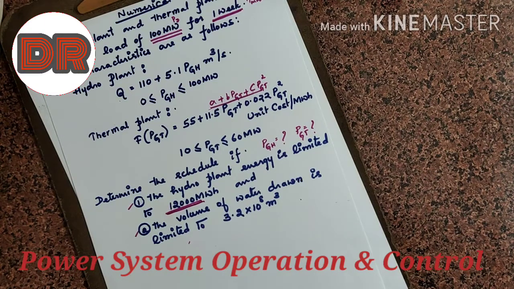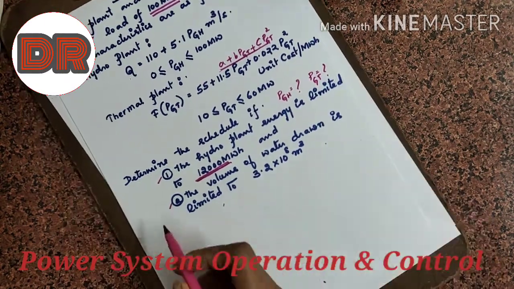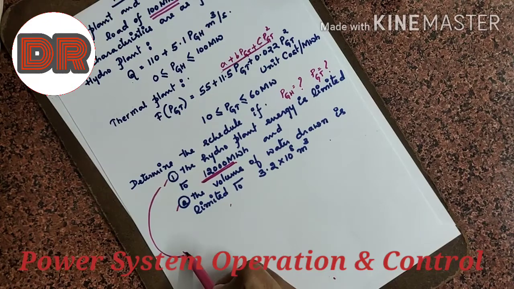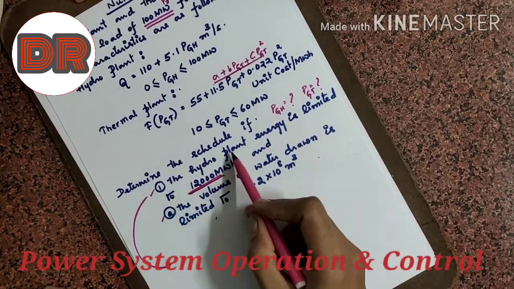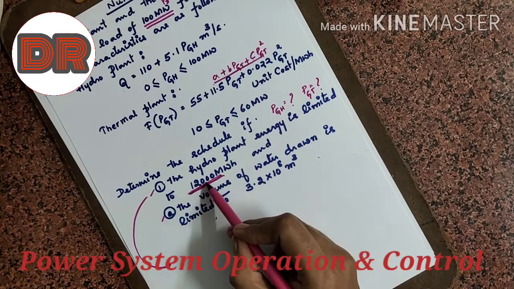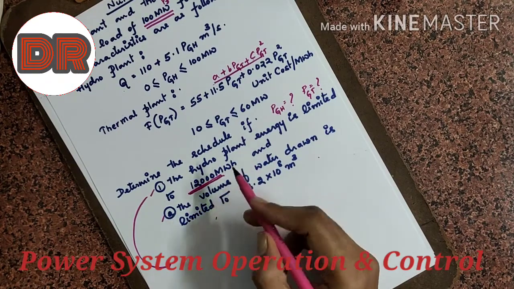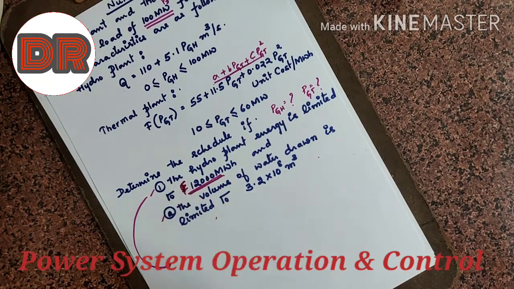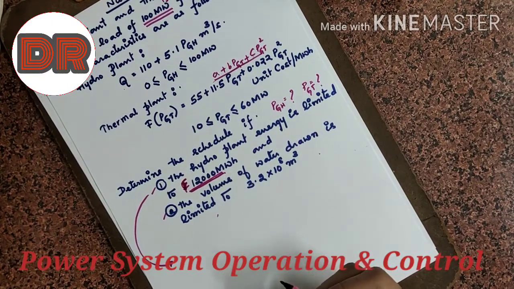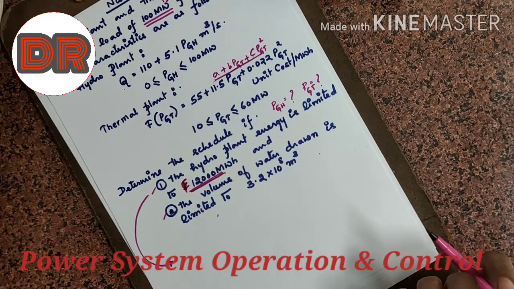Let us start with the first calculation, when the condition is that the hydro plant energy is limited to 12,000 megawatt hour. This is E, the energy condition. First let us convert all the parameters into basic quantities.